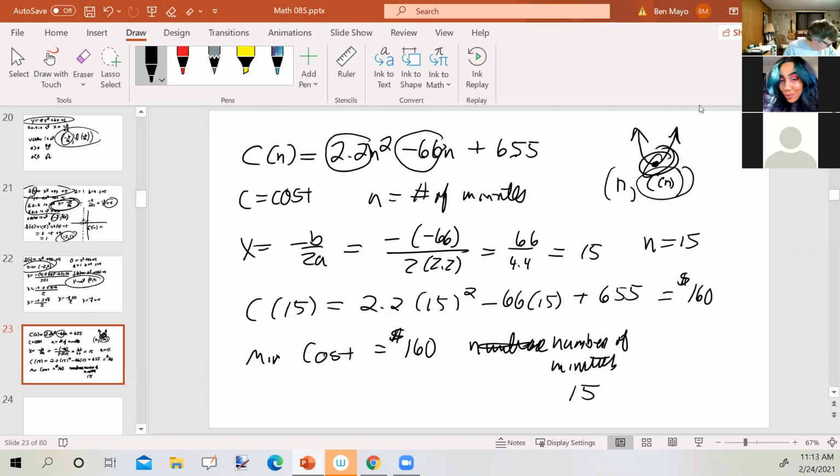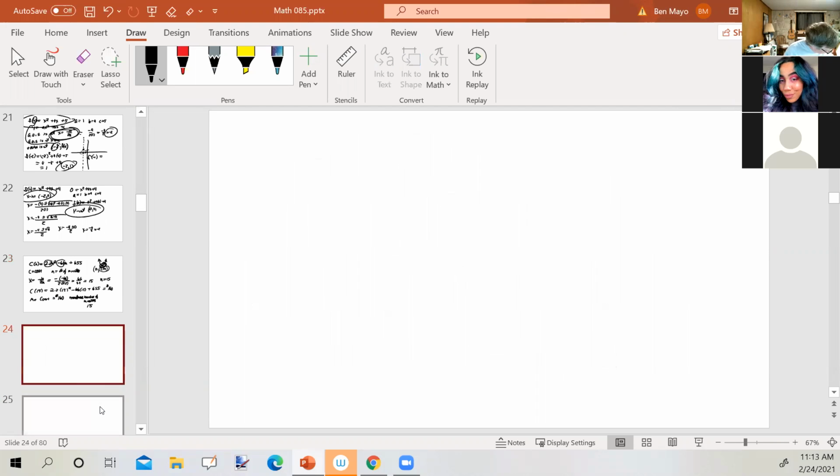Let's take a look at another example. This says a fireworks shell is shot straight up with an initial velocity of 120 feet per second. Its height S in feet after t seconds. So S is feet, distance, and t is seconds, time.